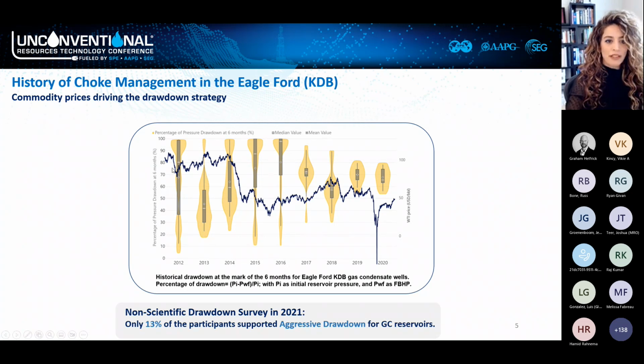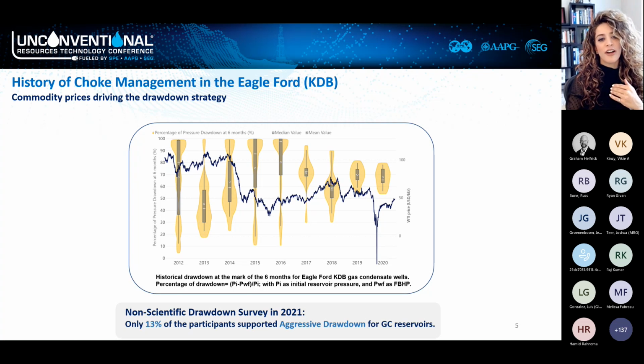There is some bimodality in the first few years of development in the Eagle Ford, where you can see that we have both classes of slow drawdown and fast drawdown up until year 2016. That's showing the trial period for the operators to gauge which kind of drawdown would lead them to an optimized production. However, you can see that from year 2017 and onwards, this particular asset has gone through much faster drawdowns.